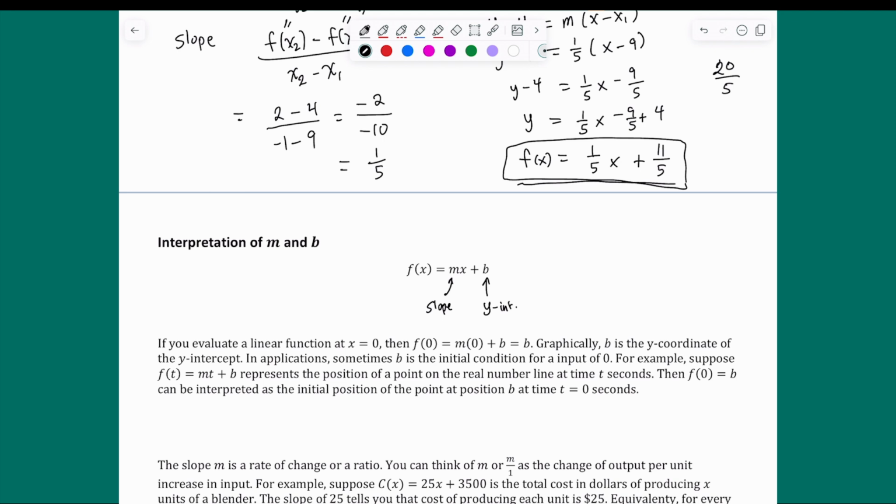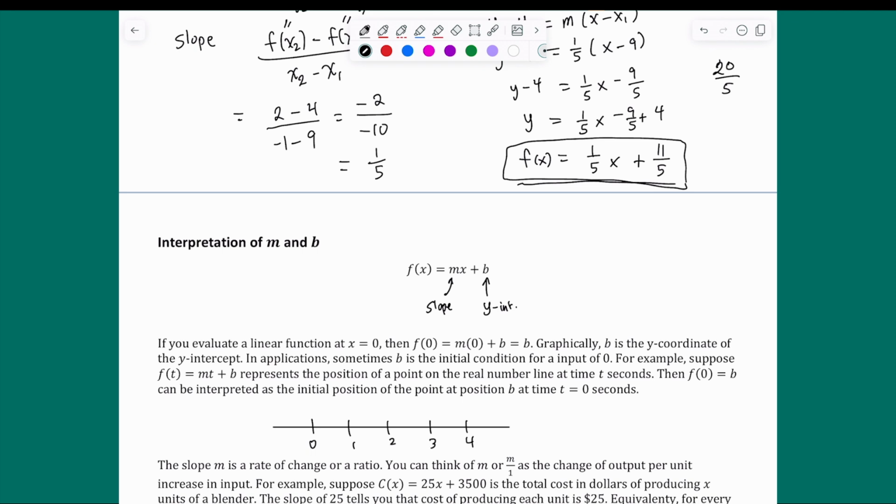However, in applications, sometimes b is what's called an initial condition, for an input of 0. For example, suppose f of t equals mt plus b represents the position of a point on a real number line at time t. So think of a real number line.